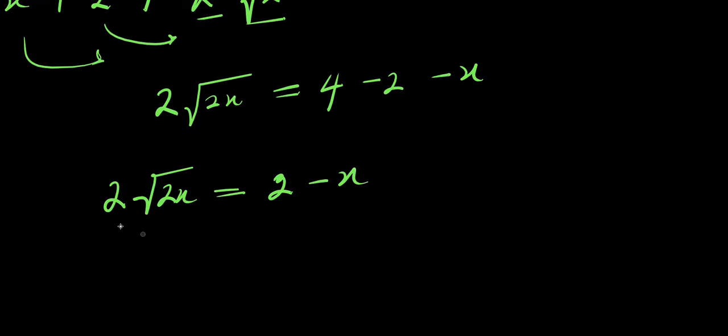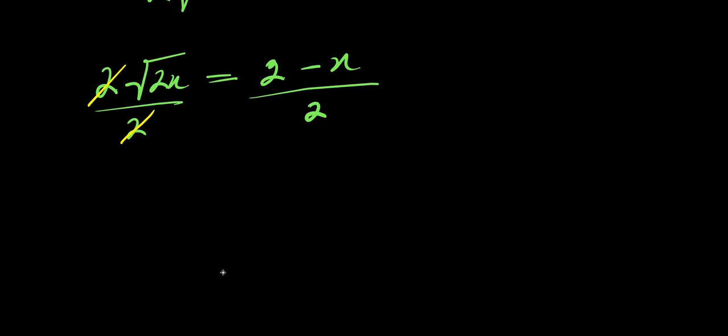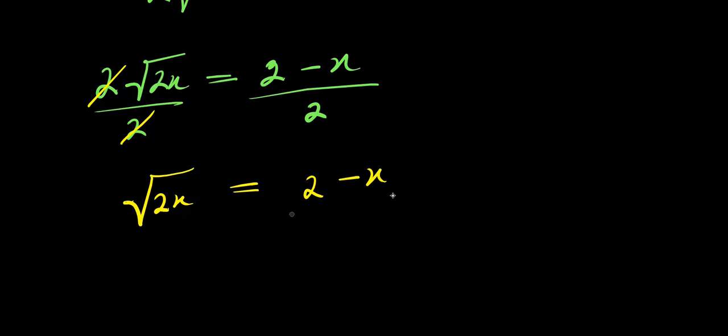So what I can do is divide this by 2. Divide this by 2. 2 eliminates 2. So I have square root of 2x equals (2 minus x) divided by 2.